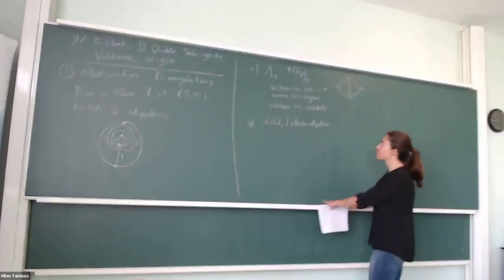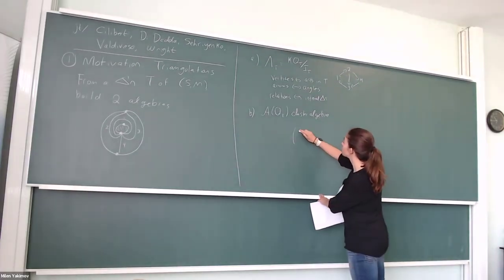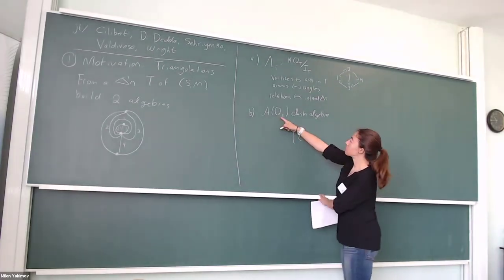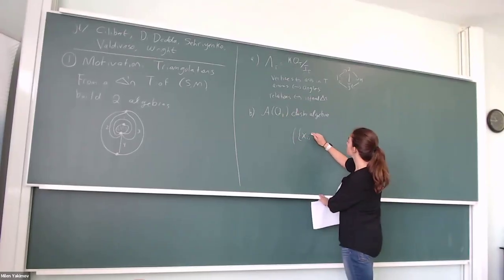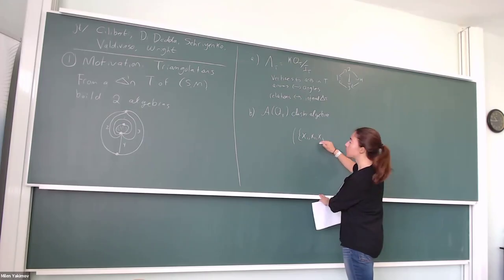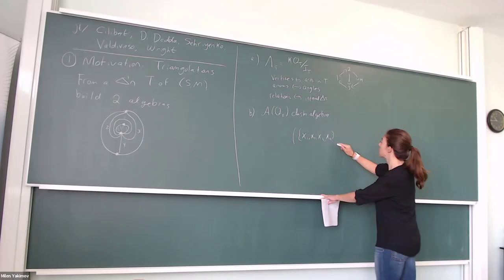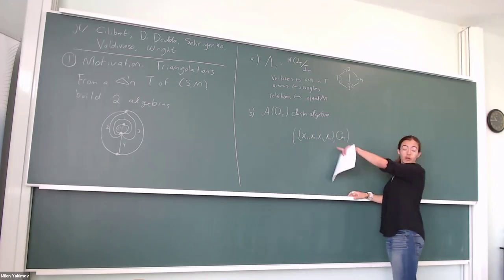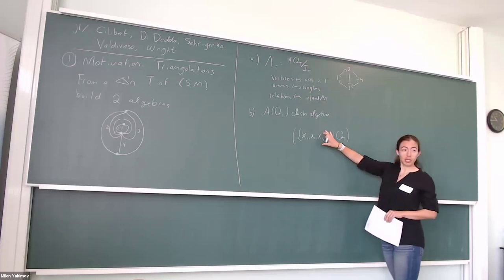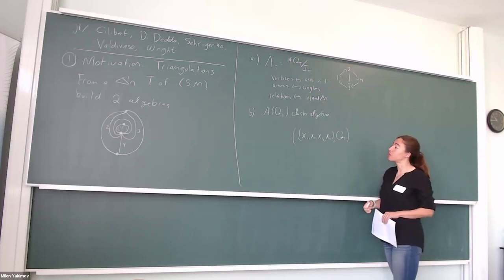I have the same quiver here, but the relations aren't shown. So here I have a cluster algebra of rank 4, since there are 4 arcs in my triangulation. Here I have some initial data coming from this triangulation.